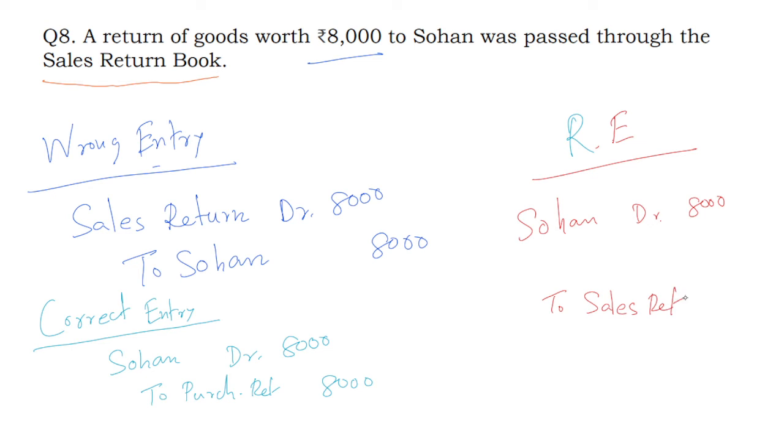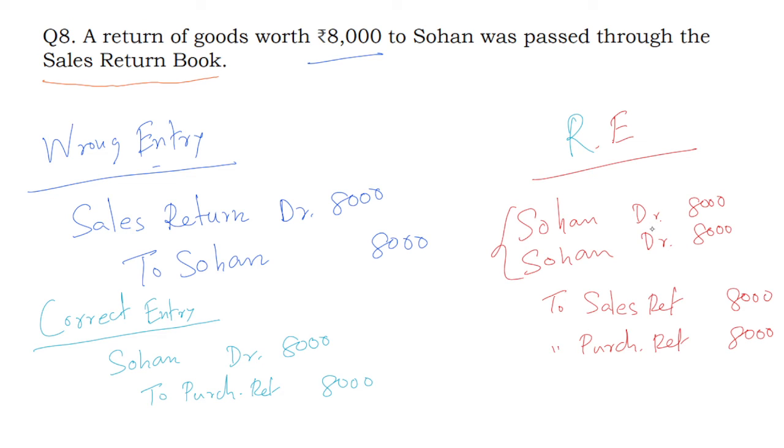Now from the correct entry, Shohan will again be debit 8,000 to purchase return 8,000. So this is the net entry.